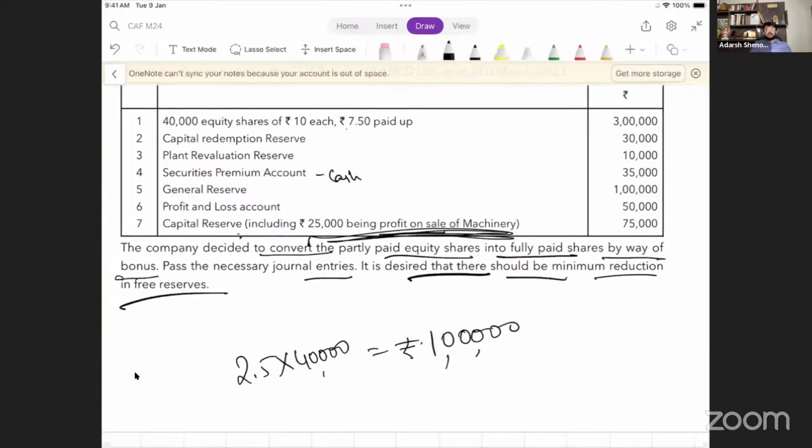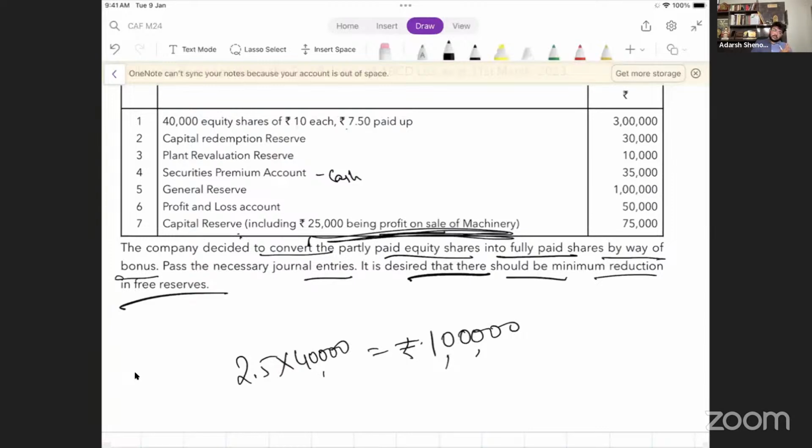General reserve is 1 lakh, P&L account is 50,000. Now we have to go to the free reserves, right? So we have general reserve and P&L. As I discussed earlier, you can touch any of them, in any proportion. There is no restriction on this. Both of those accounts are the same. The names are different, the purpose is the same.